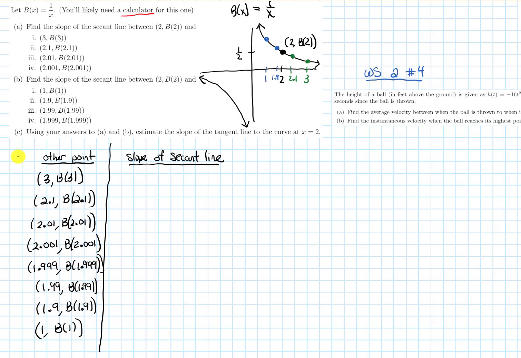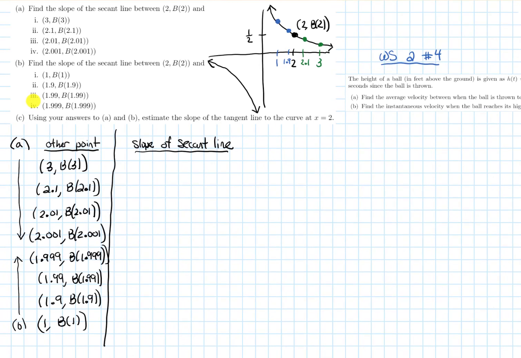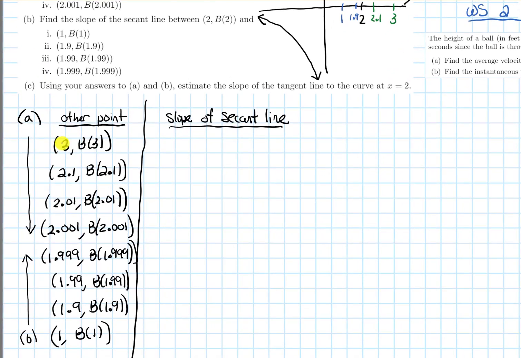Alrighty, so we are doing part A up here, and then we're doing part B up until here. All right, so let's write down the slopes of some of these secant lines. So for (3, b(3)), remember my formula for the slope of the secant line is the change in y over change in x.